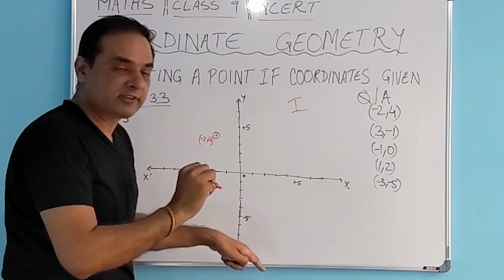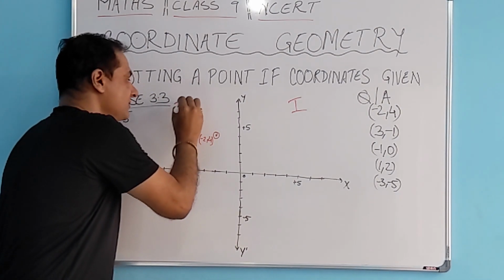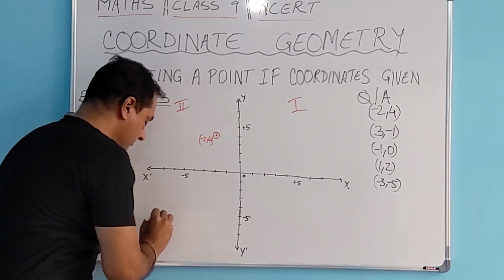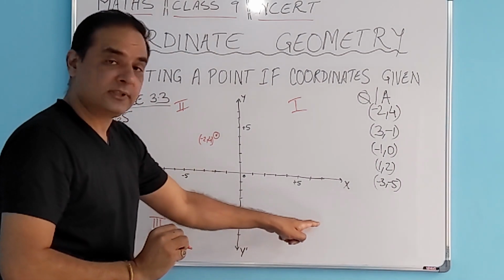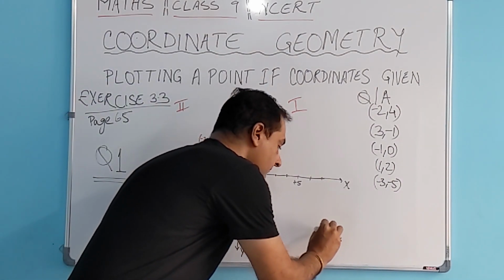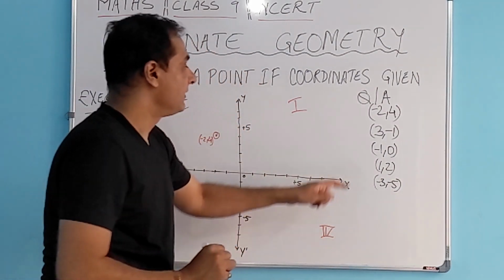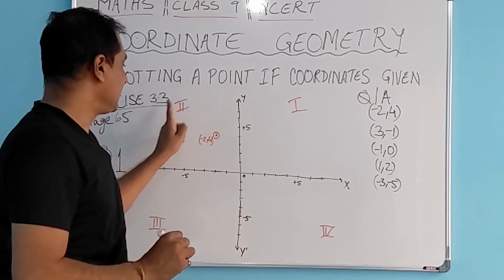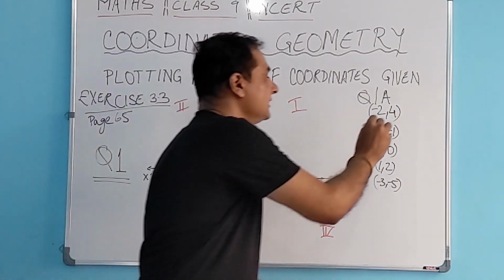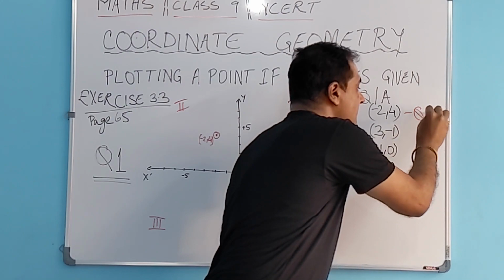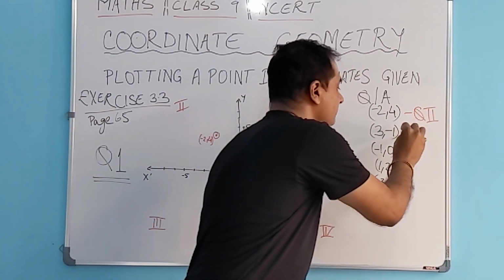Then we go anti-clockwise from here. So this is the second quadrant, this is the third quadrant, and this one is the fourth. So point number 1, where does it lie? Quadrant 2.